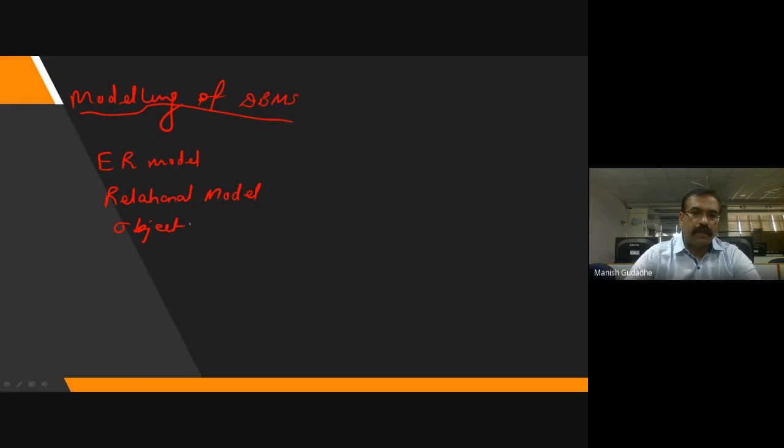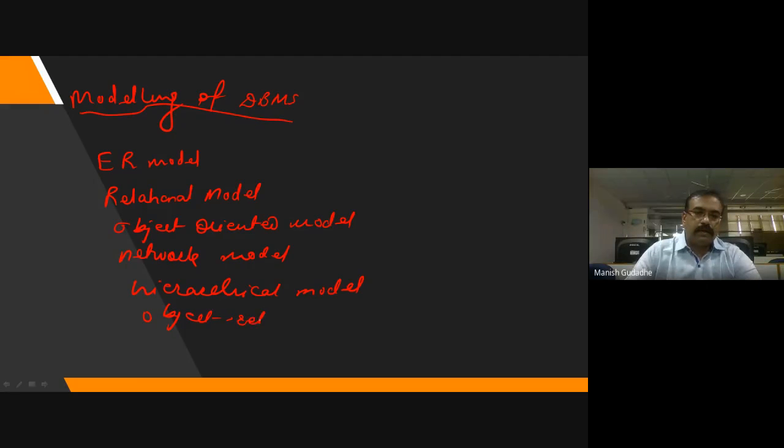Next is object oriented model. Network model. Hierarchical model. And object relational model. These are the 6 models of DBMS we have.